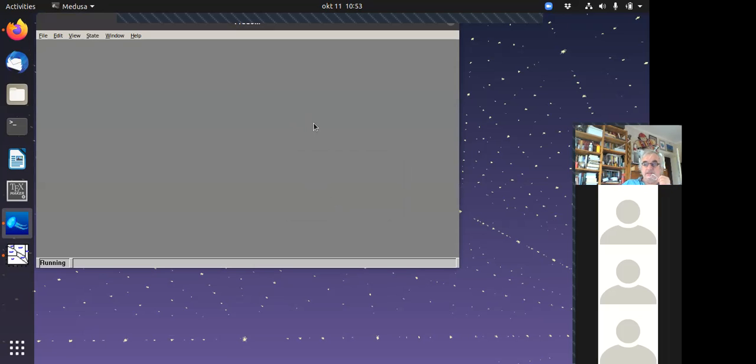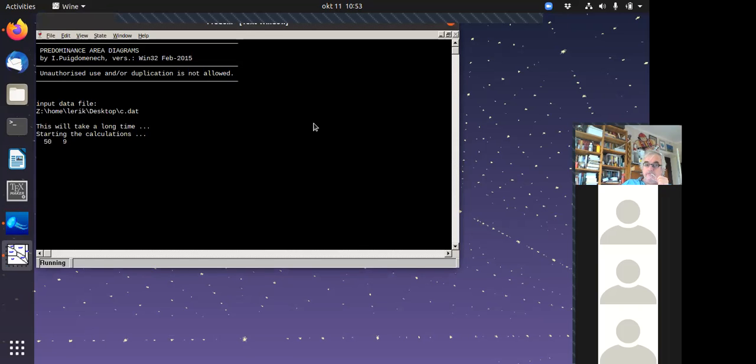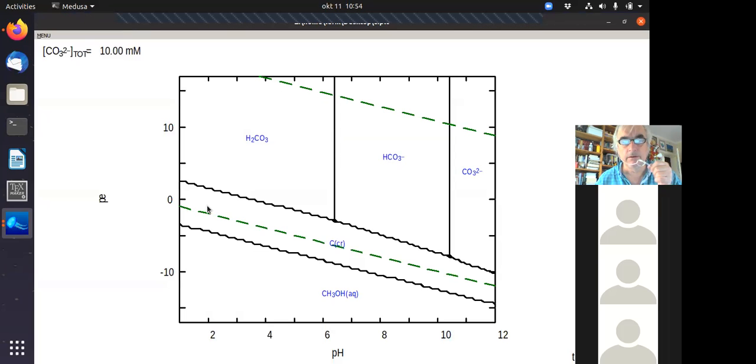So here is the same carbon diagram, but we have avoided the methane containing species. So let's see what happens then.